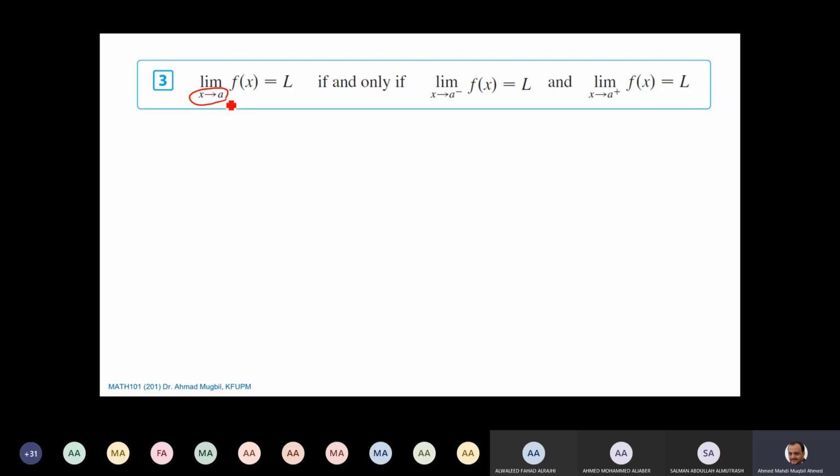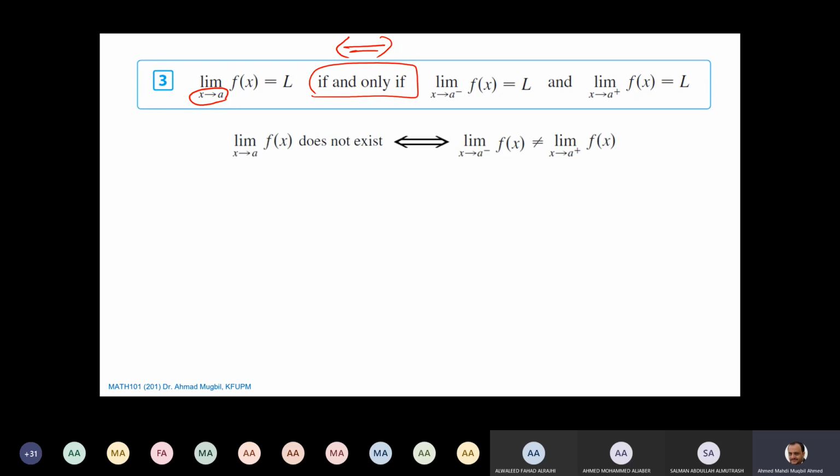When we write this, x approaching a, it means from both the right and the left, in general. So the limit of the function when x approaches a will be L if and only if, and this means we have a double conclusion, the limit from the left will be L, and also the limit from the right will be L.